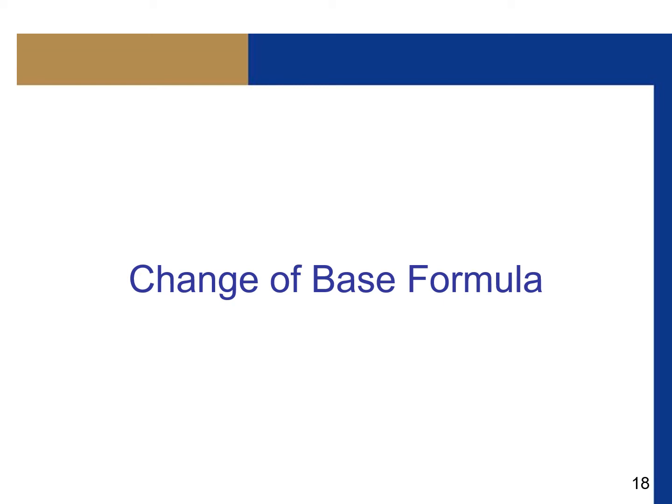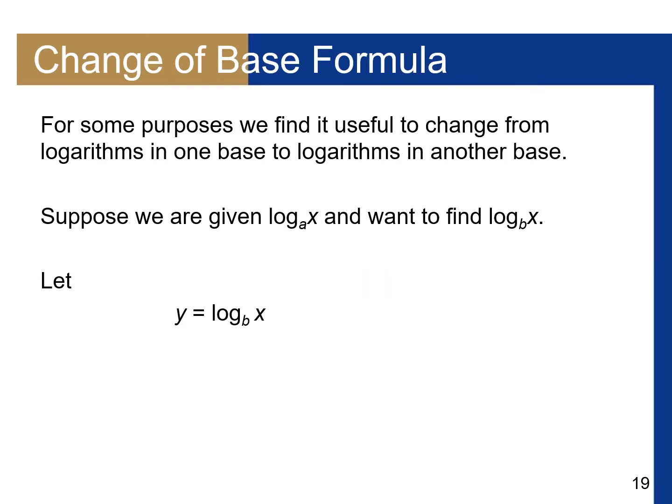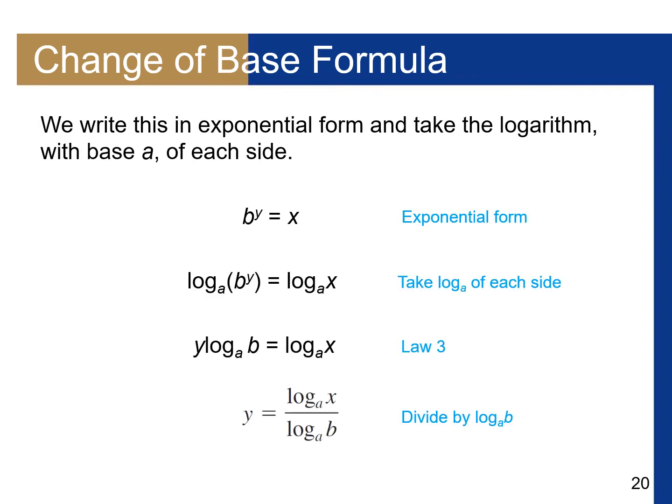Now sometimes you're going to want to change a base, so we're going to take a look at the change of base formula. Suppose we're given the log base a of x and we want to find log base b of x. So we're going to let y equal log base b of x, and we'll write this in exponential form to take the logarithm with base a of each side.